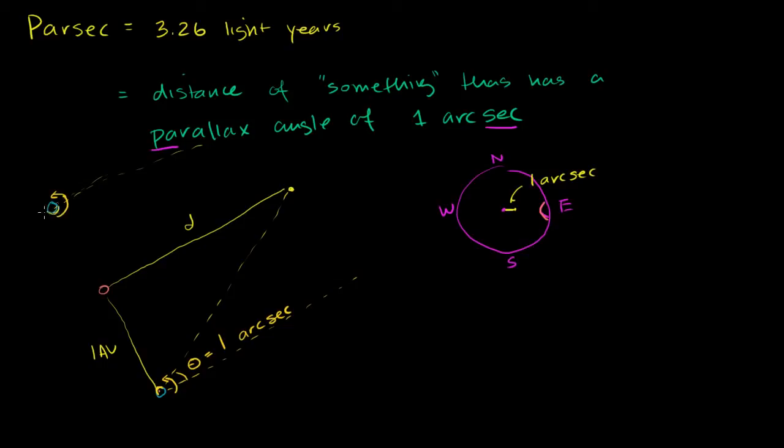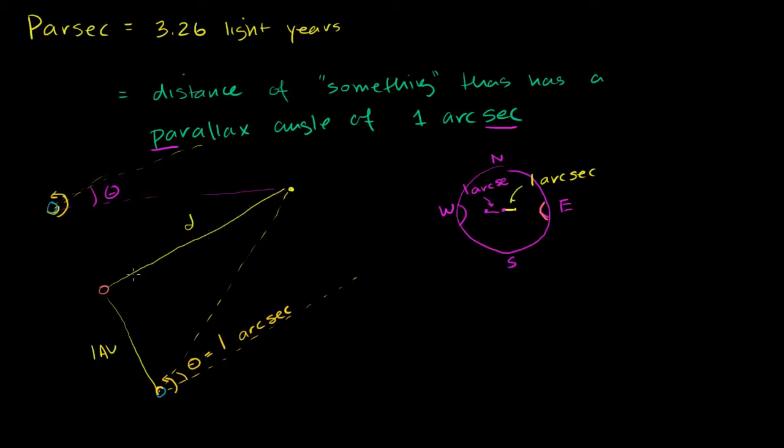We'll be just getting the last glimpses of the sun. And so the sun will be setting in the west. And so this angle right here, which is also the same thing as the parallax angle, will also be 1 arc second. So let's figure out how far this object is.